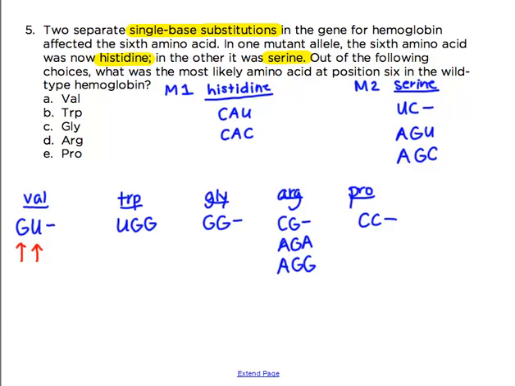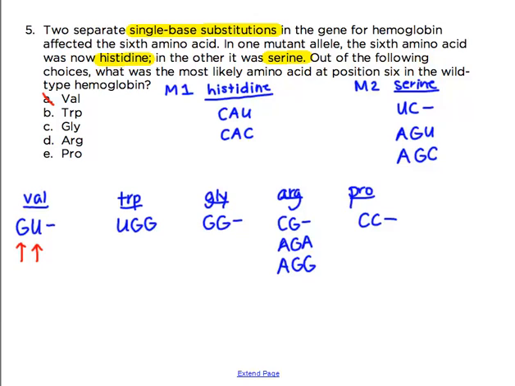Now remember, the problem said that this mutation only caused single base substitutions, so one base was substituted in each of the two mutants. Because it would require two base substitutions to get from here, we're going to cross out valine, because that definitely cannot be the original wild-type amino acid at position 6. Now for tryptophan, we know that the only codon that encodes for tryptophan is UGG.